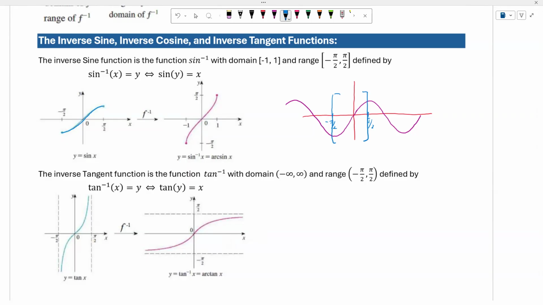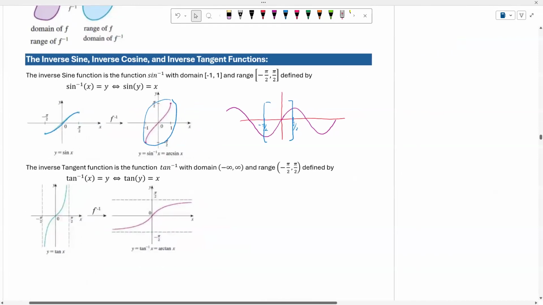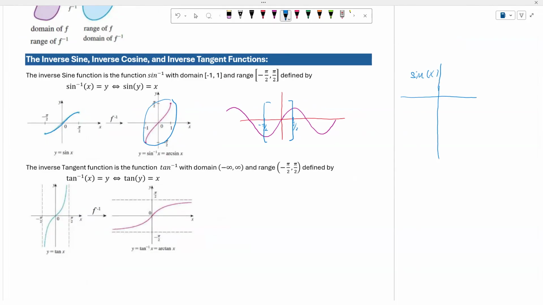Then, if I want to sketch the inverse function, you have to know some points. So let us work it out for the sine of x function. The points that we have are negative pi over 2 and negative 1, then negative pi over 4 and negative √2 over 2, and of course the point 0, 0.